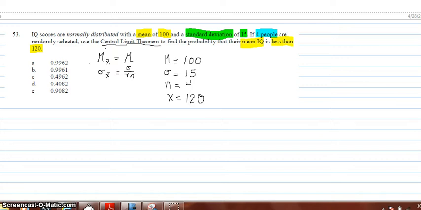Since we have to use the central limit theorem, we are going to use the standard error of the mean to start figuring out the rest of the puzzle. That formula, again, I will recopy down here.